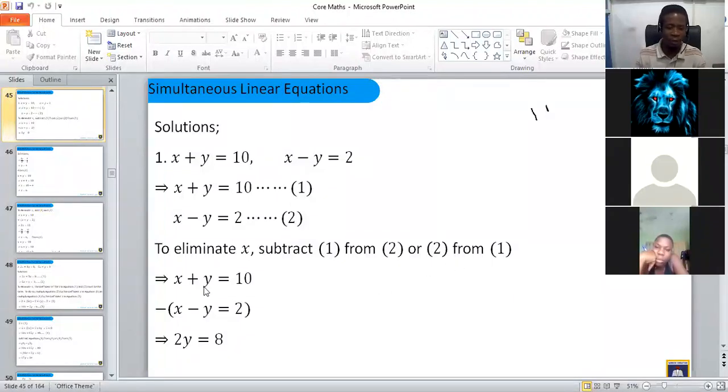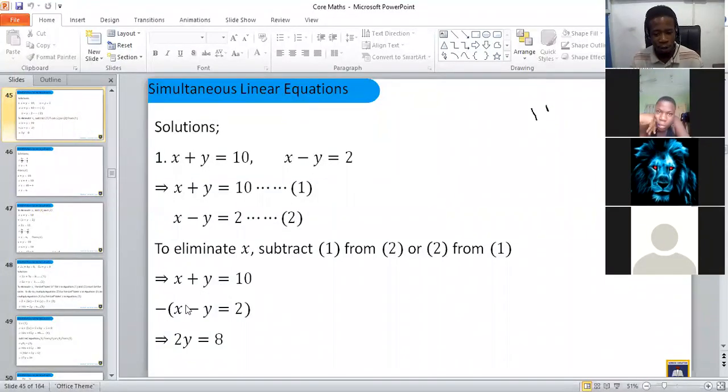So it is equation 1 minus equation 2. When we are subtracting, we subtract the corresponding variables or like terms. So x in equation 1 minus x in equation 2 will go to 0. Then we go to y. Y in equation 1 minus the y in equation 2. But the y in equation 2 is negative, so it will be y minus negative y.